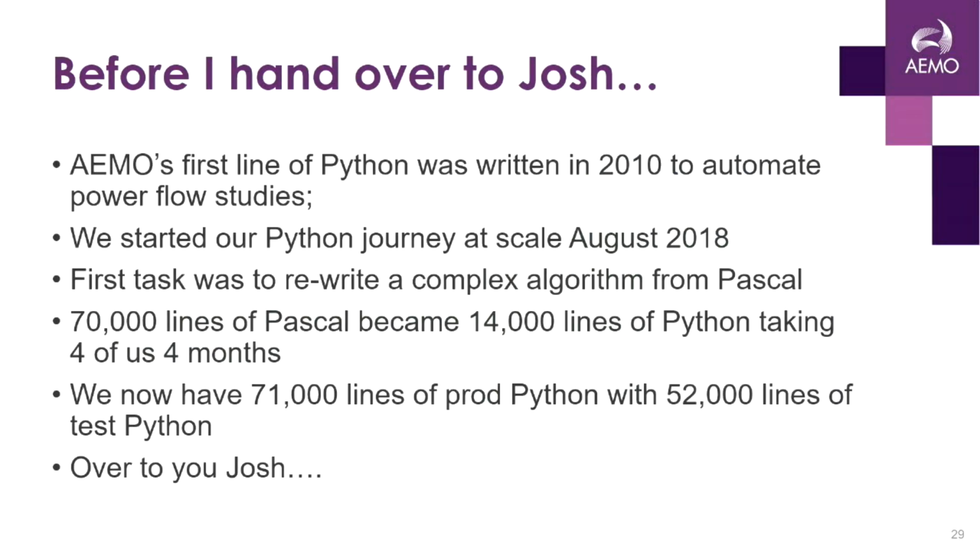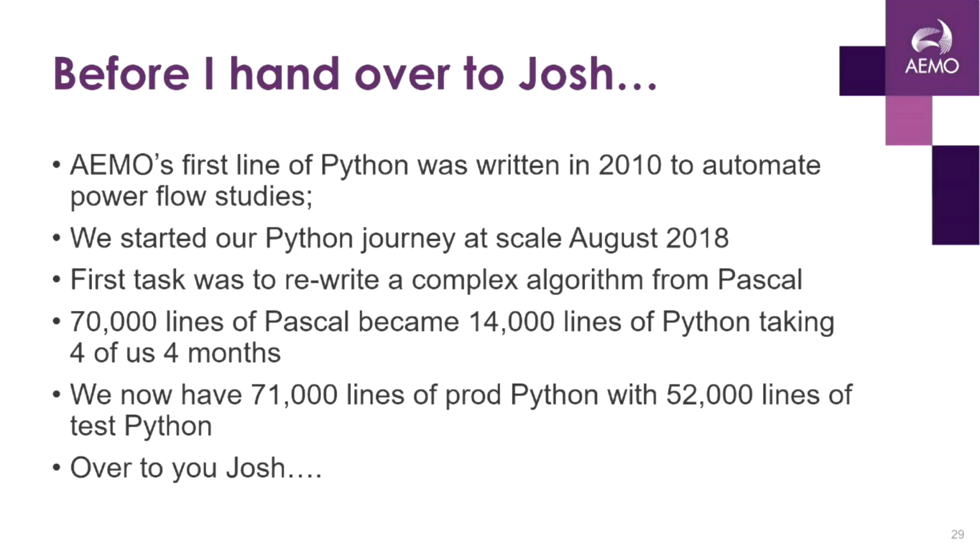Before I hand over to Josh, AEMO's first line of Python was written in 2010 to automate power flow studies. We started our Python journey at scale in August 2018, soon after some of us attended PyCon in Sydney.